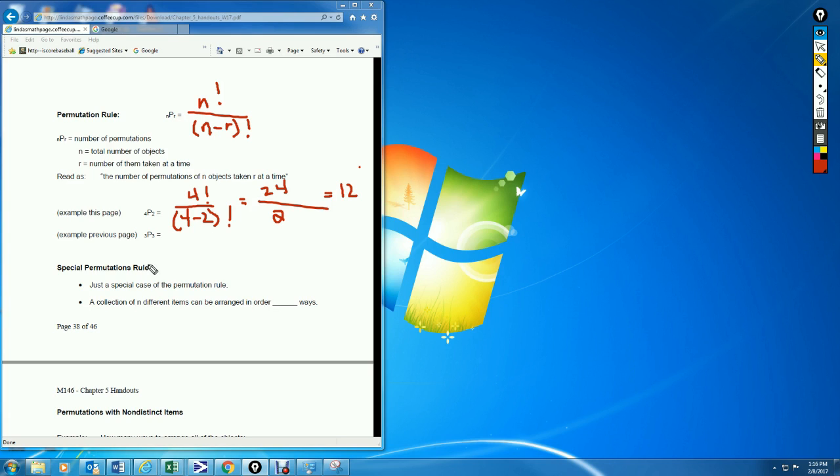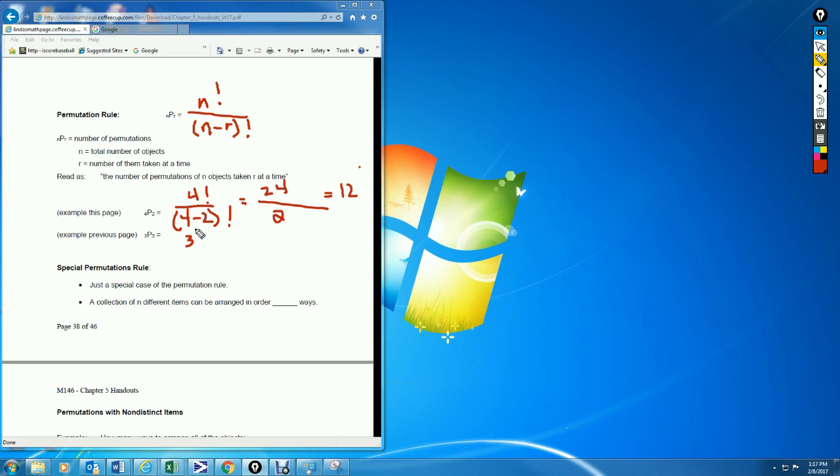Or from the previous page, I had 3 letters, A, B, C, and we listed the permutations of all 3 of them. We saw that there were 6 of them. So that is equivalent to doing 3P3.